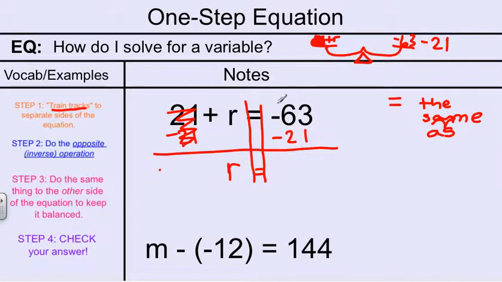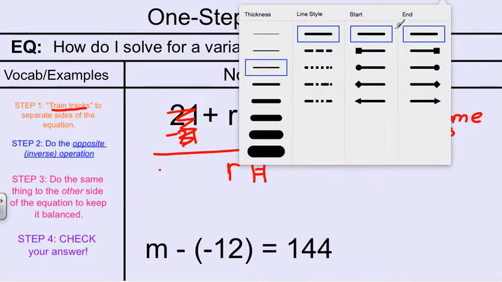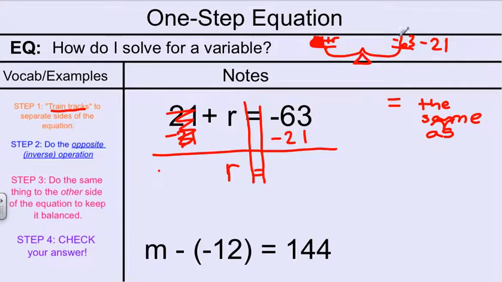And now I have this problem. I've gotten used to looking at my math problems vertically like this, but for some of you, that's a little bit difficult to see. So you might want to envision this off to the side as negative 63 minus 21, because if you visualize it horizontally like this, you're more likely to notice that you want to do additive inverse.